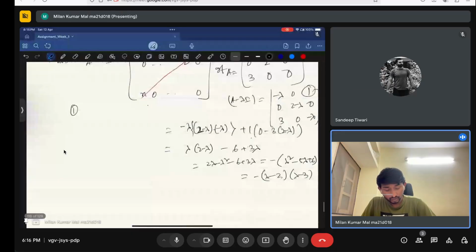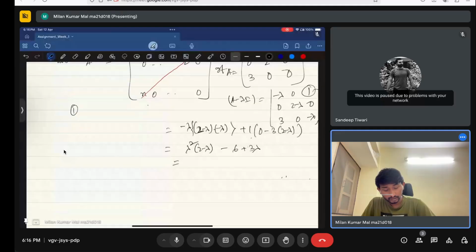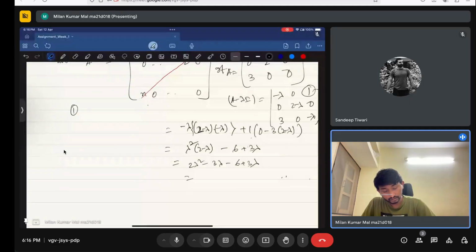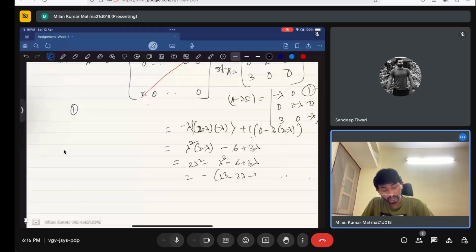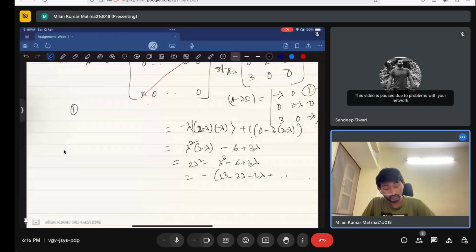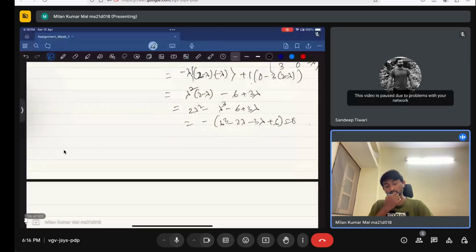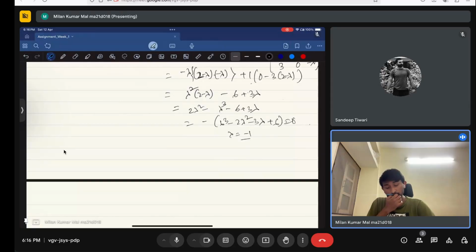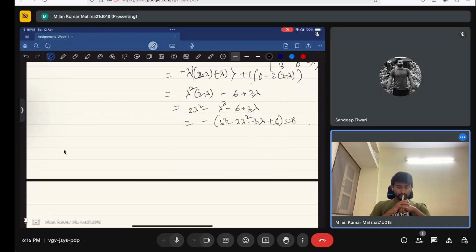This will be 2 lambda square minus 3 lambda minus 6 plus 3 lambda. That will be 2 lambda square minus lambda cube. So that will be minus lambda cube plus 2 lambda square minus 3 lambda plus 6 equals 0. So if you replace lambda equals minus 1, what will you get?